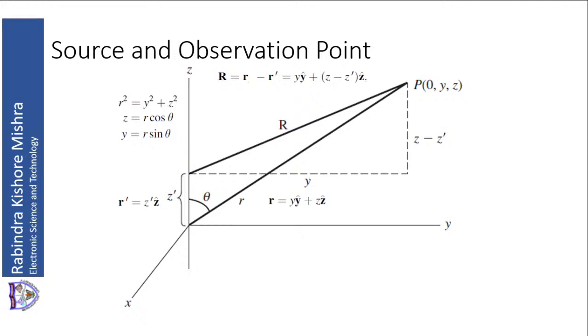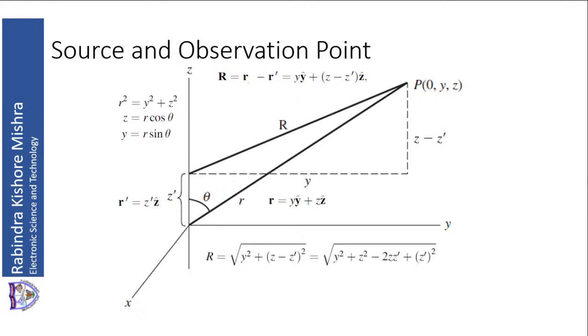Small r is equal to y cap plus z cap, small r dash is equal to z dash z cap. So rearrange that, taking the y terms in one place and the z terms as one term. Capital R will be y cap remains as it is plus z minus z dash into z cap. That is what capital R is.